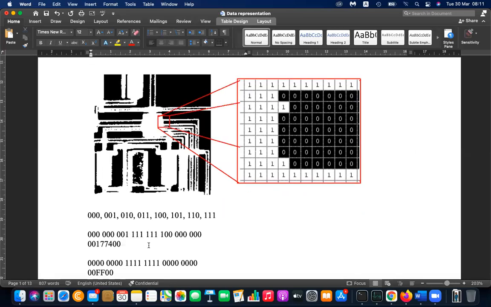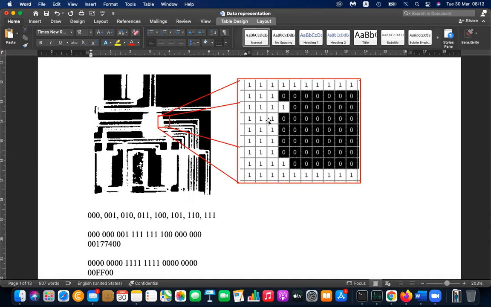On the left side you can see the screen. There's a picture, which is not really meaningful, but let's assume this is part of a picture. These are the pixels. Pixels mean the smallest screen unit, similar to an LED bulb.